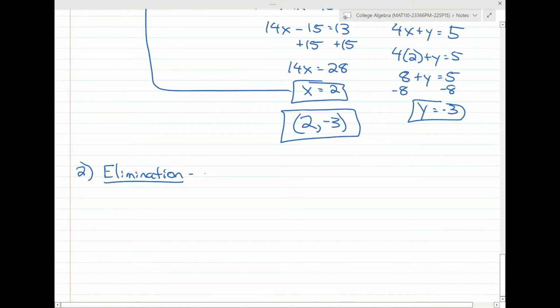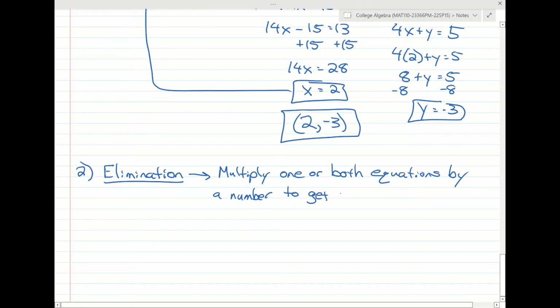The technique elimination, what we have to do is we multiply one or both equations by a number to get the same number, opposite signs. All right, let's say same number and opposite signs. And then we add.